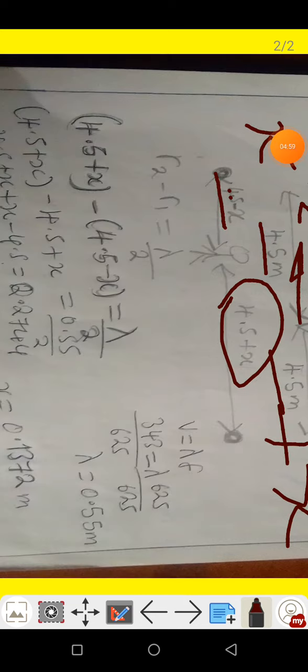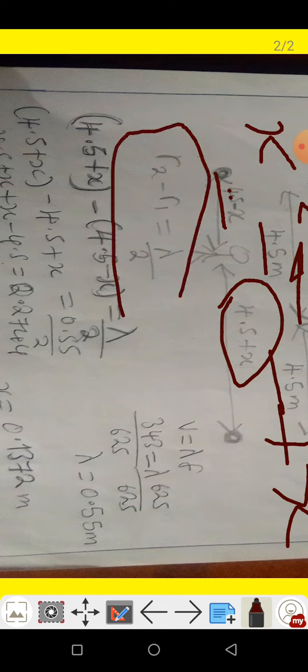So we continue. Now that we've understood the question in this form, we can come up with the equation. This is the equation for destructive interference: R2 minus R1 is equal to lambda over 2.